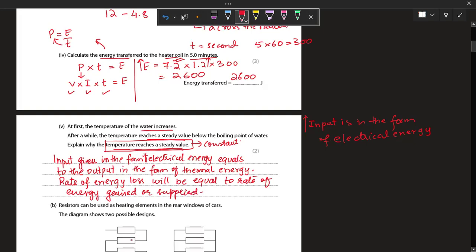The energy that is given is in the form of electrical energy. That electrical energy transfers to thermal energy, and we are not varying the electrical energy. Therefore, no change of temperature will be observed.